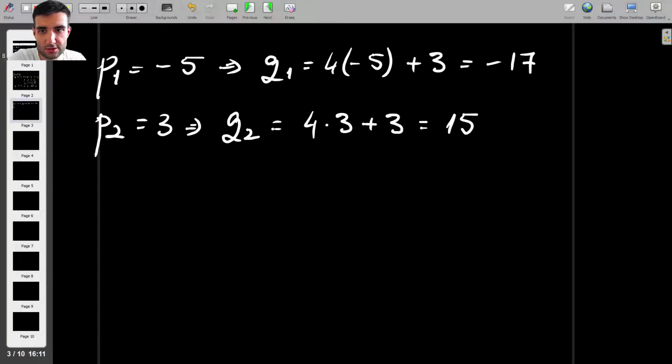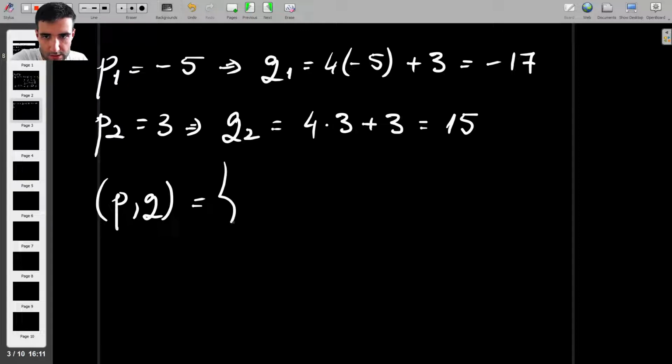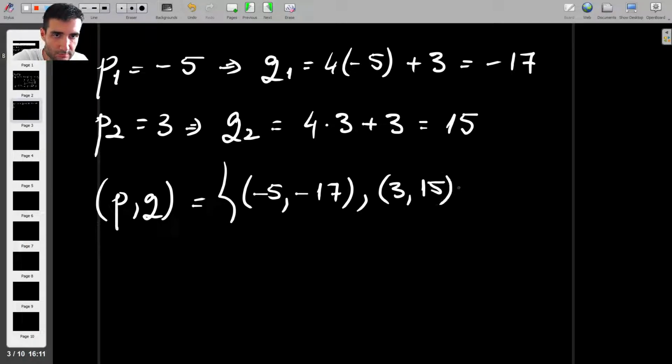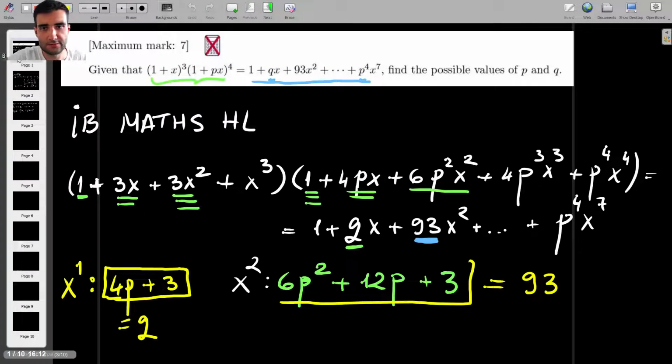So there are two sets of solutions. If we write them as p and q, they can be minus 5 and minus 17, as well as 3 and 15. Those values of p and q satisfy the equality that was given to us at the beginning.